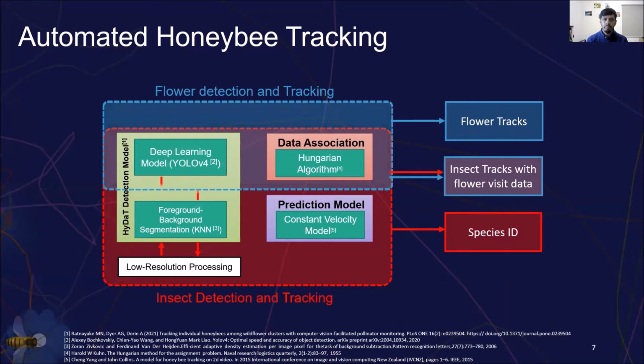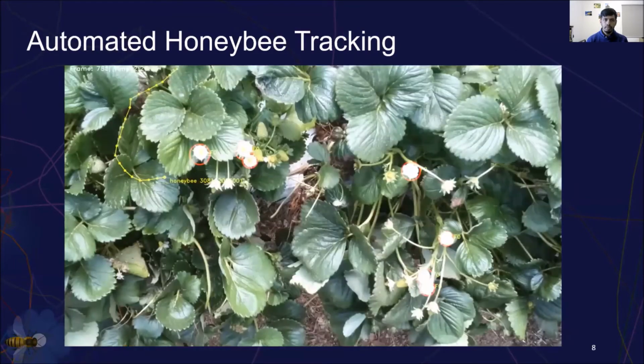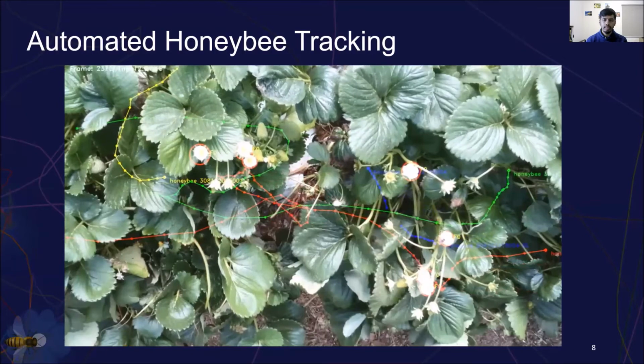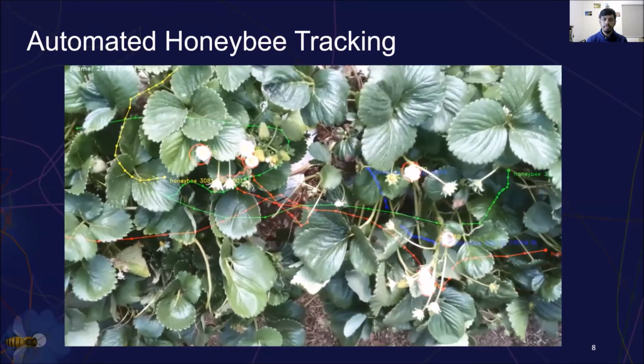This enables it to be used in a semi-controlled environment such as strawberry polytunnels. Also, it automatically monitors and records insect-flower interactions required for pollination monitoring. So this is a video of honeybees being tracked in strawberry polytunnels amidst the changes in the environment.